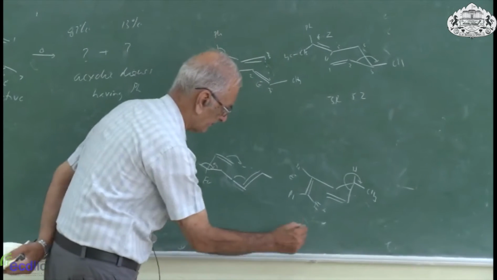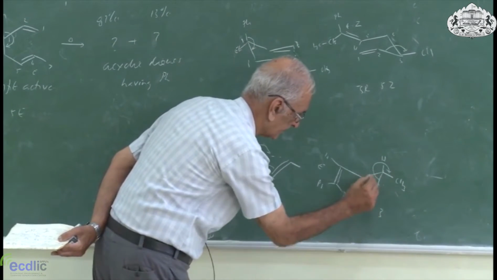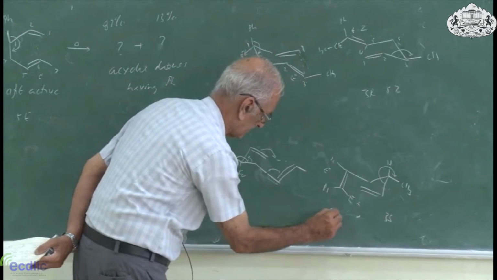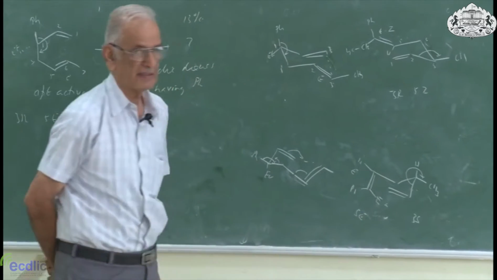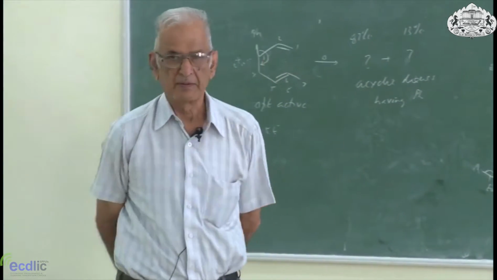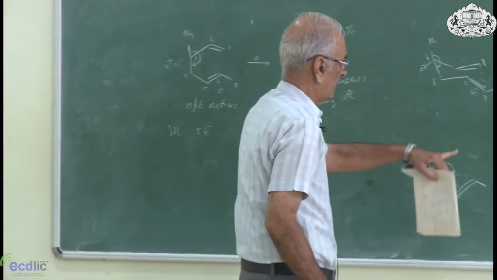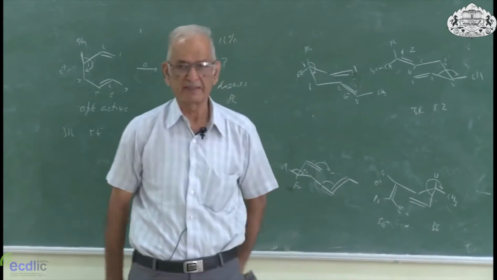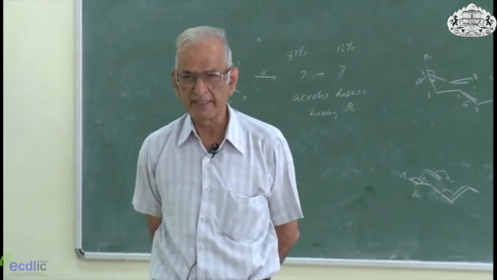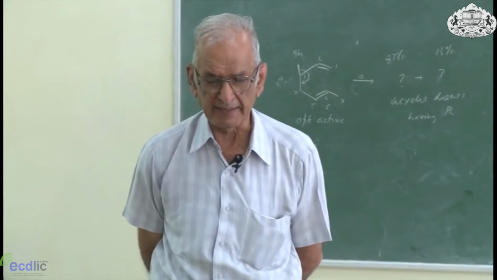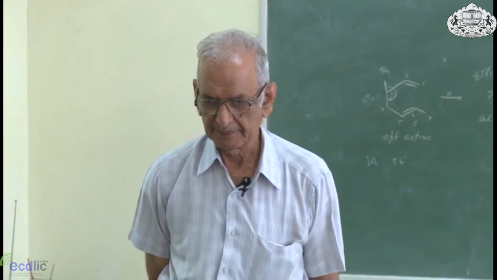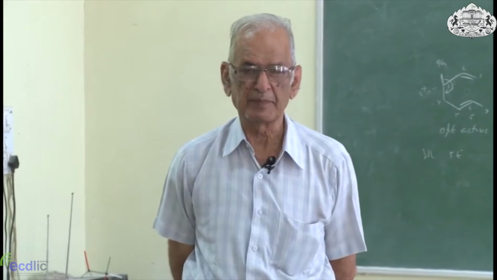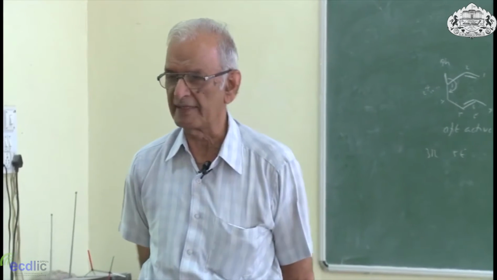So, that is your S geometry. So, one compound is 3R 5Z, the other compound is 3S 5E. What are they? Enantiomers, diastereomers, identical? Diastereomers. One double bond is E, one double bond is Z, they are diastereomers.